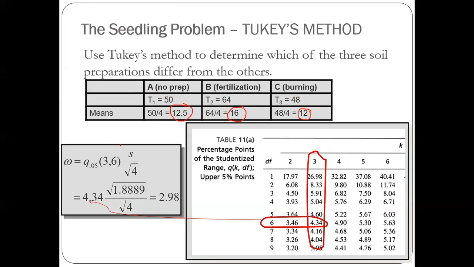Then we need to get the value of omega. Let's say we want to get the value of omega for the difference in means for treatment, so we must refer to the formula for the difference in means for treatment. Let's say the alpha that has been given is 0.05.